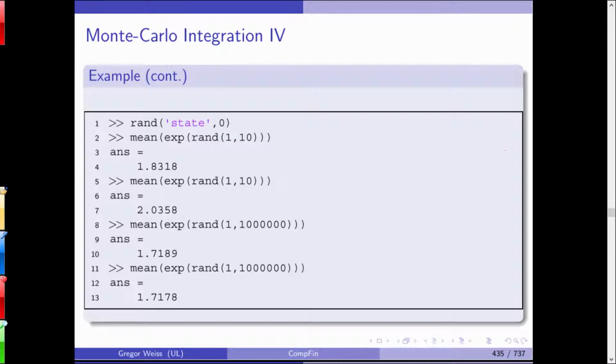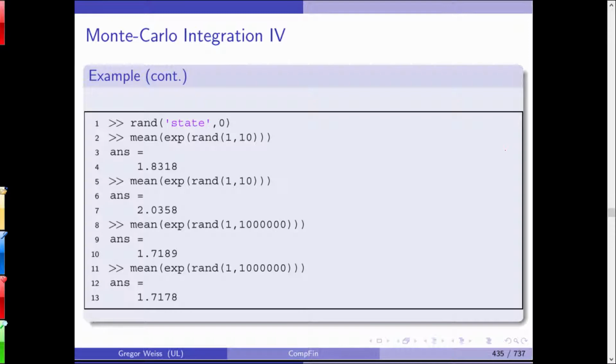Now, if we take 1 million random numbers, we are getting quite close. 1.7189. Next try, 1.7178. So even with 1 million random numbers, you can still see the estimates varying around the solution. And it's still not converging.